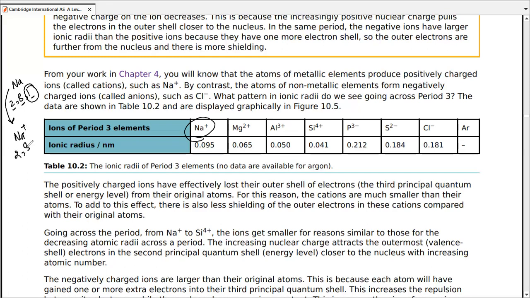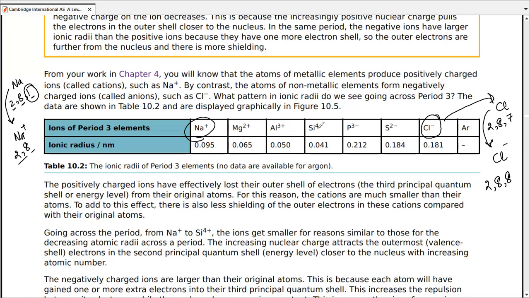So we're left with just 2,8. On the other hand, if I talk about the chloride ion, as you know, for the chlorine, the electronic configuration is 2,8,7, and the third shell has 7 electrons. And this then converts into chloride ion by gaining 1 electron, so it's 2,8,8.